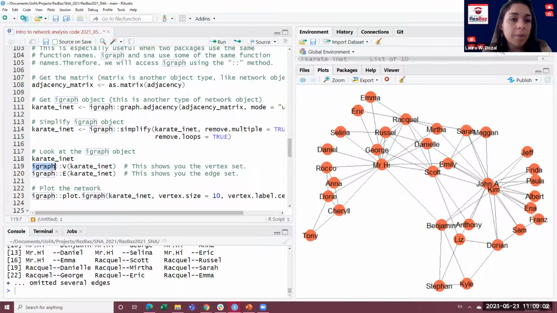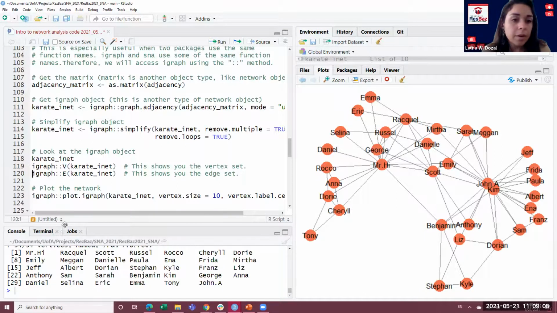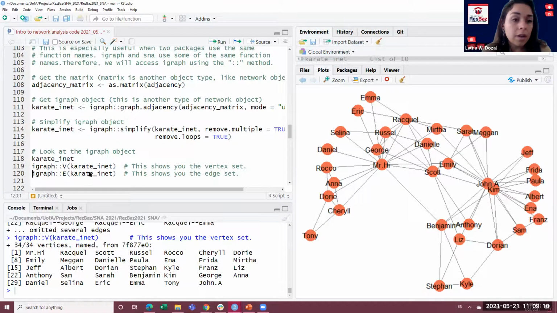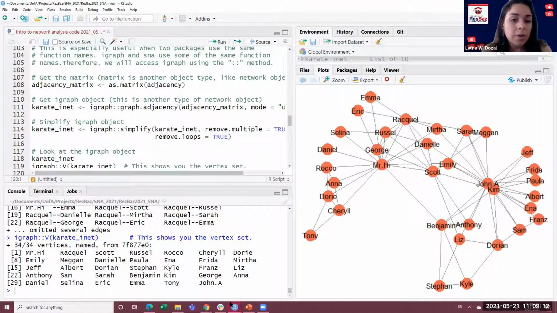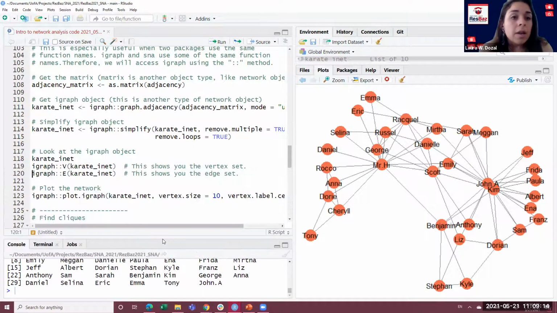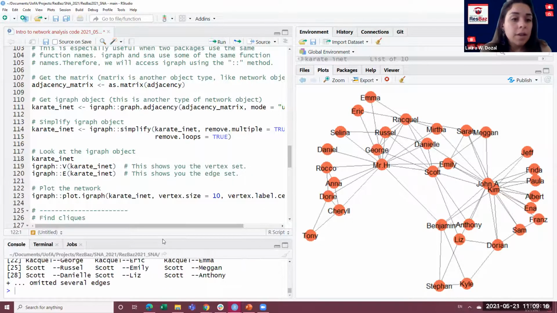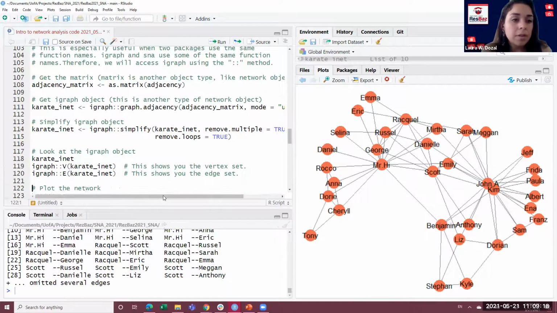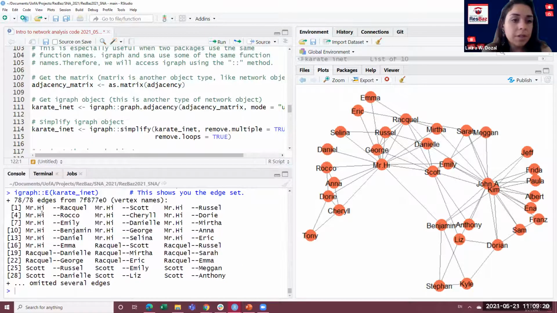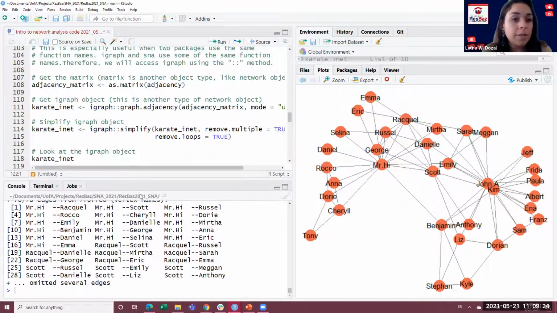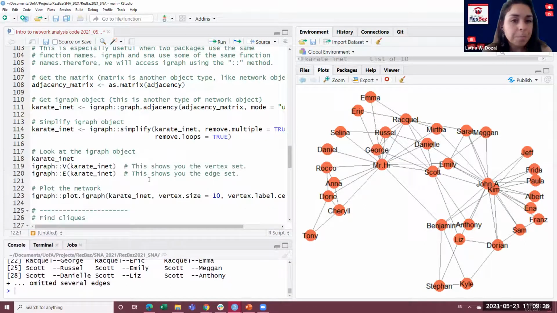So again, we have our package and our V meaning vertex. And so here, all of our vertices, so all 34. And then our edge set. So this is the first set of edges from our 78 edges.